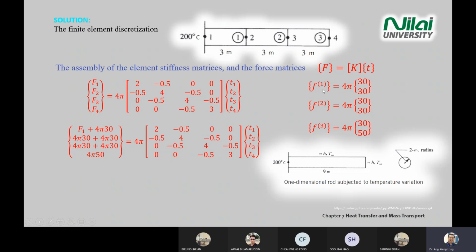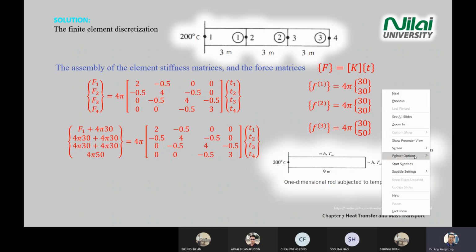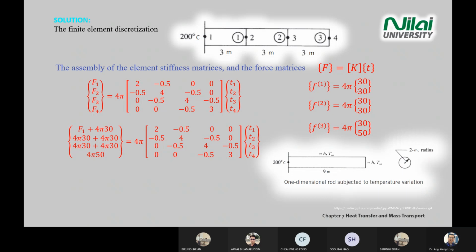So force number 1, F1 equal to 4 pi 30, F1 plus 4 pi 30 because this is point number 1, this is point number 2, point number 3, point number 4. Okay, you transfer the information here into this matrix.